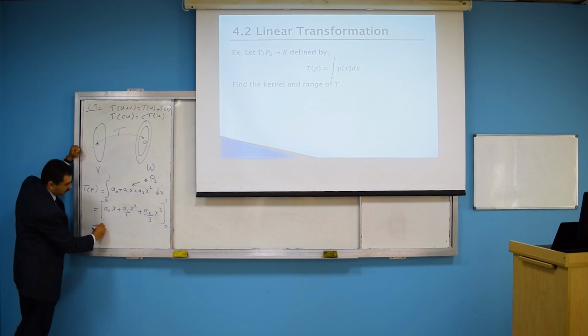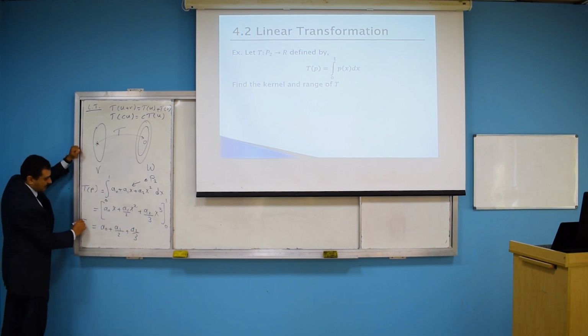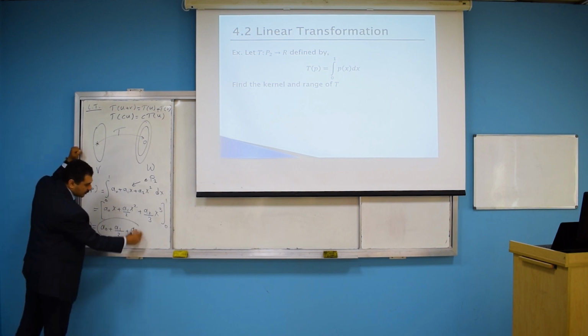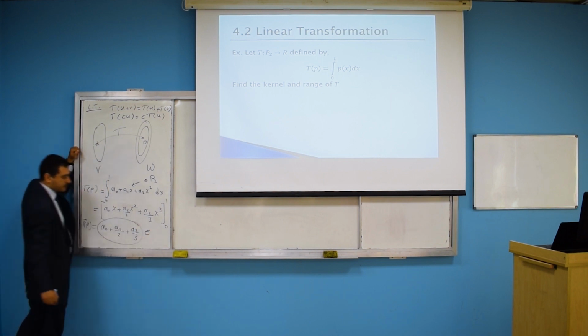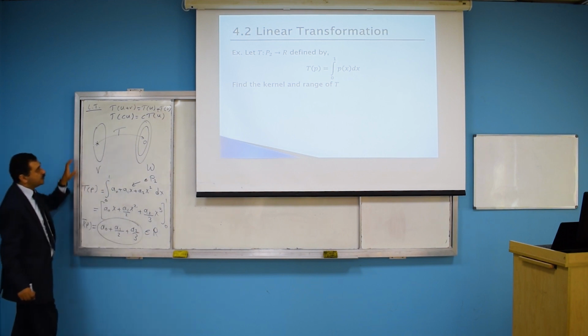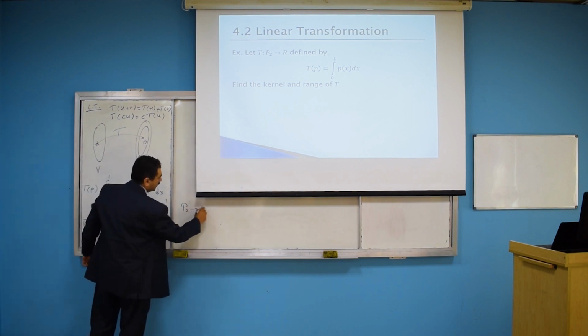You will get a0 plus a1 over 2 plus a2 over 3. This is the transformation of P, and this belongs to the real line. So we are transforming from P2 to the real line.